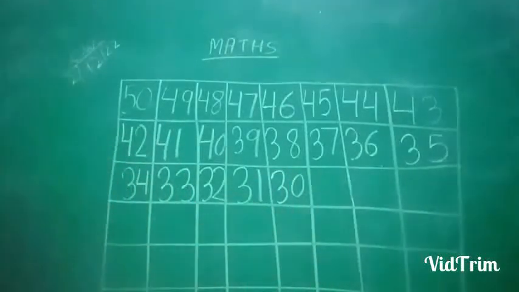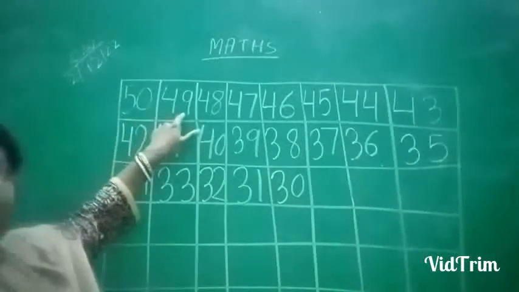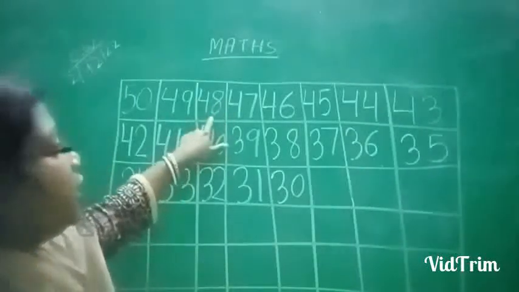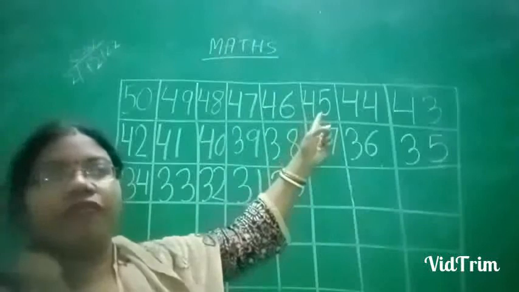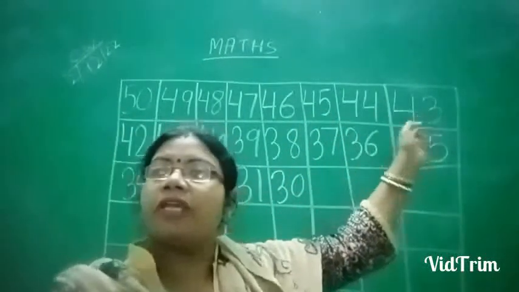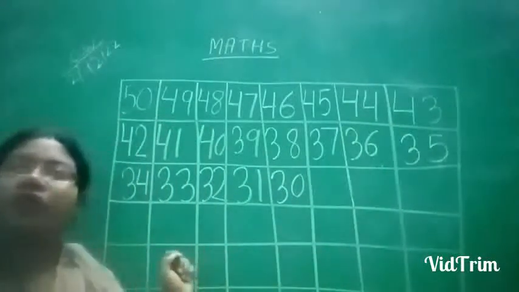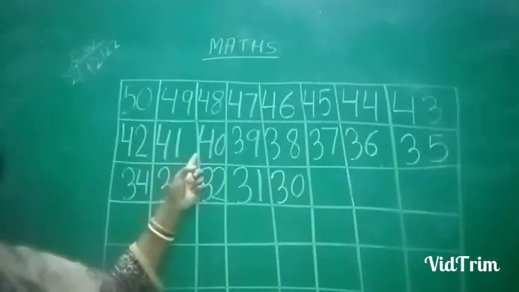Okay. Again you see 50, 49, 48, 47, 46, 45, then 44, 43. After 43, 42, 41, 40.